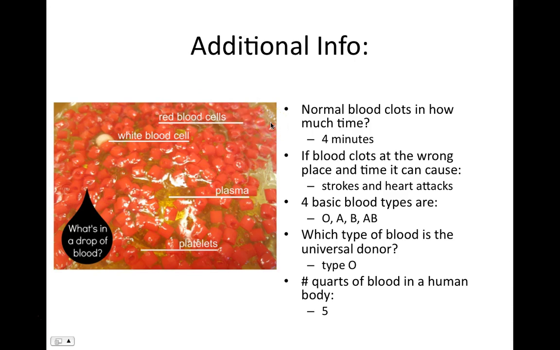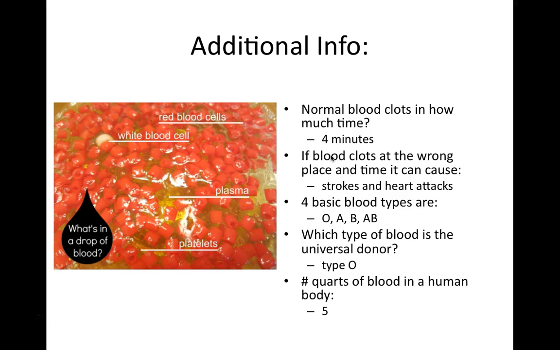Normal blood clots, how long? 4 minutes, quick. If blood clots at the wrong place, what can it cause? Strokes, heart attack. 4 basic blood types are O, A, B, and then AB.